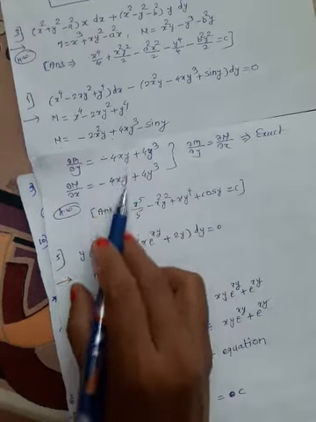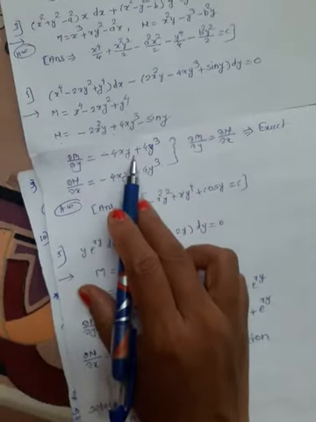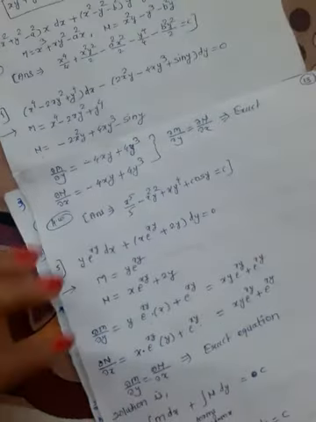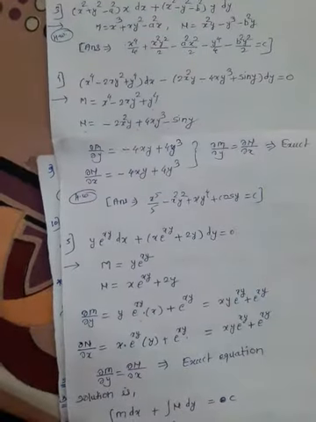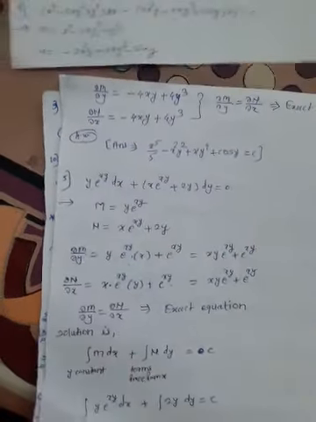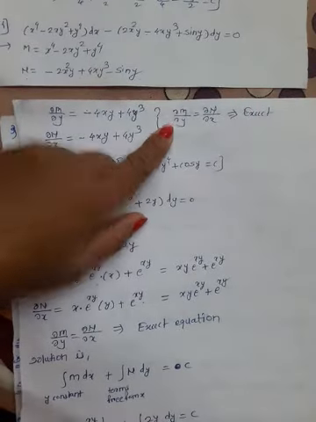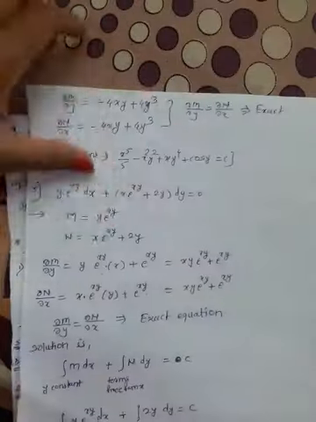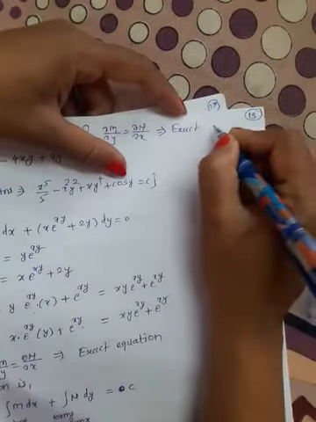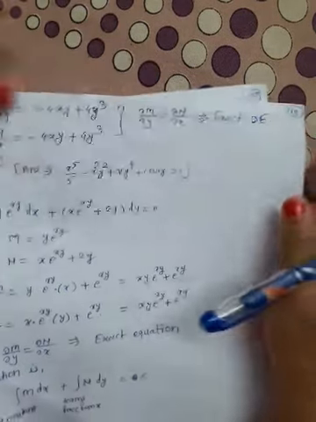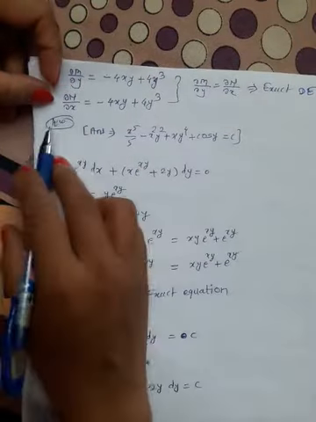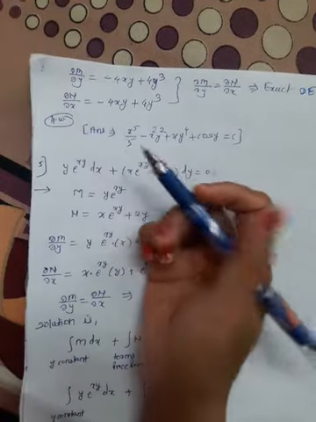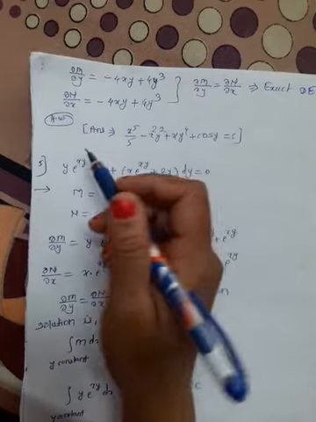If you observe, these two are the same. That's why the partial derivative of M with respect to y is equal to the partial derivative of N with respect to x, which means it is an exact differential equation. Once we know this is an exact differential equation, we know the formula for solving it.